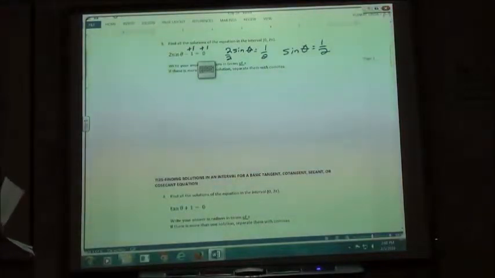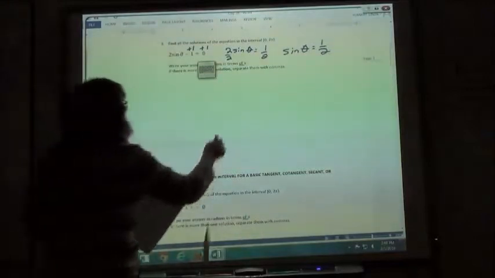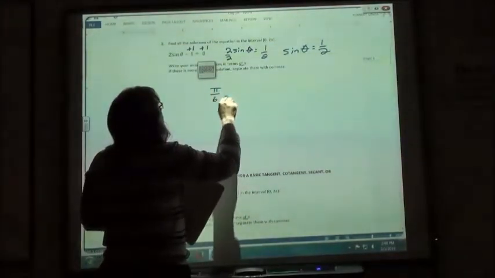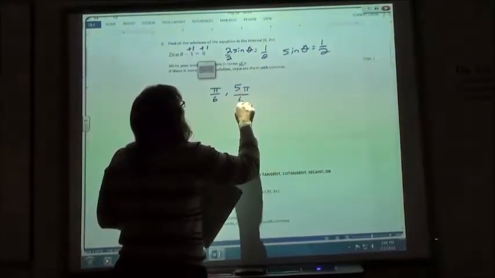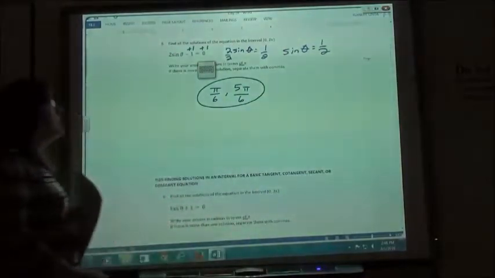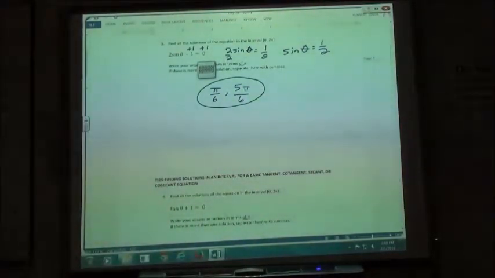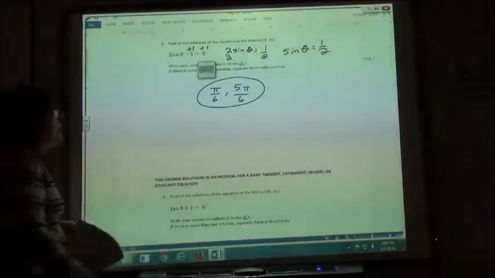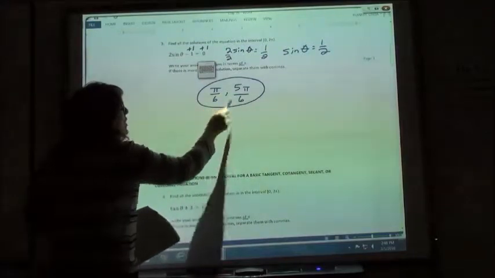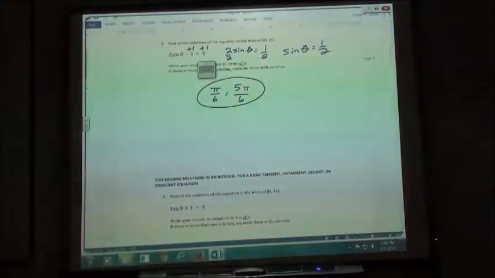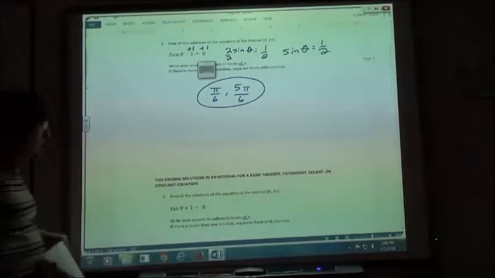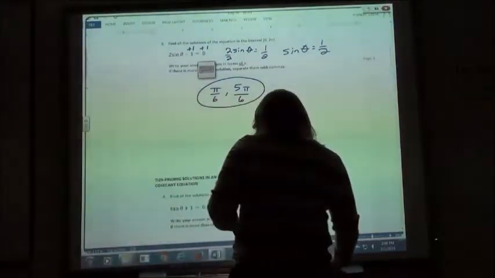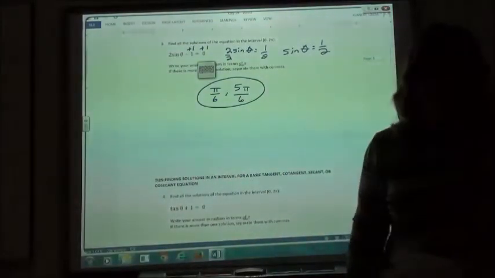Pi over 6 and 5 pi over 6 would be my 2 values. And so that's all I'm going to do with that one. Solve my equation for sine or cosine and then look up in my tables which angles that would correspond to. Again, this is going to be in radian measures, so make sure you're using the radians, not the degrees, when you put your answer in.